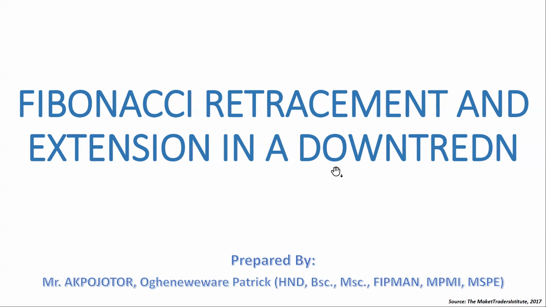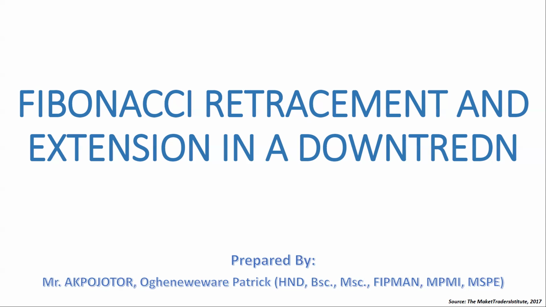Have you gotten the clarification that you needed now about the uptrend and the downtrend? When the market is going up, your A is down, your B is up. When the market is going down, your A is up, your B is down.